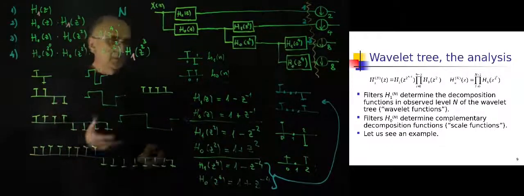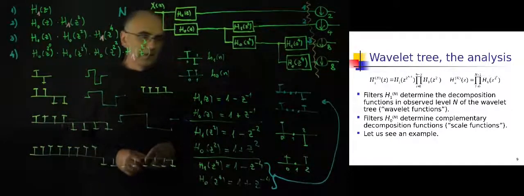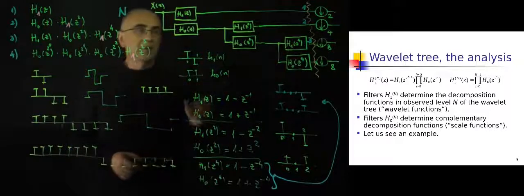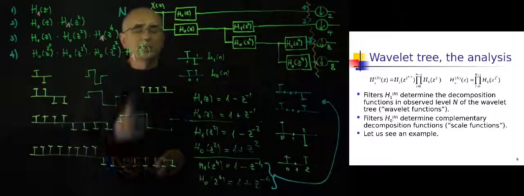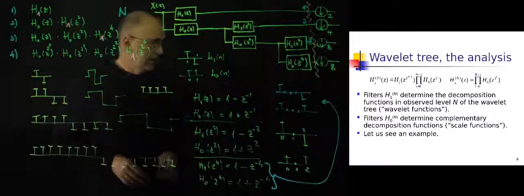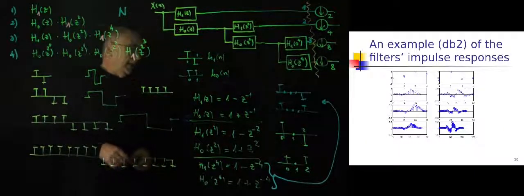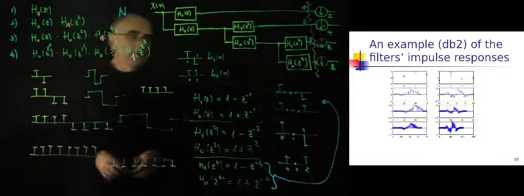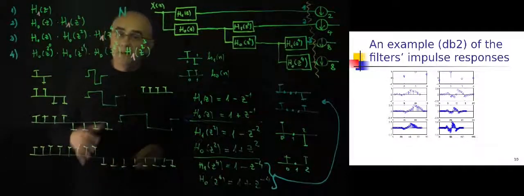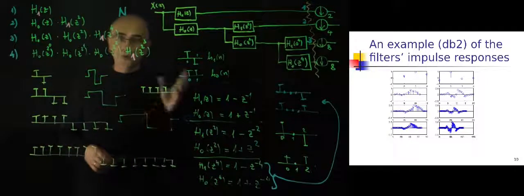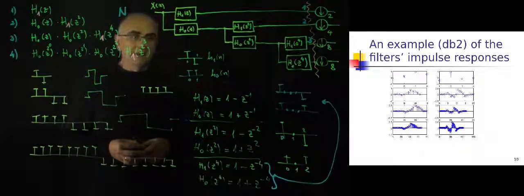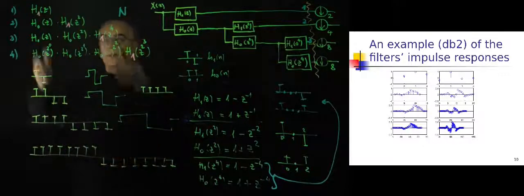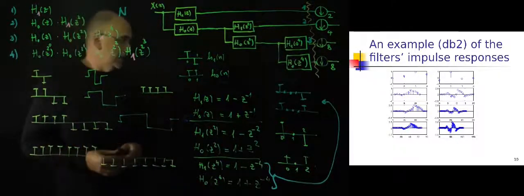Instead of starting from such simple filters, we can start from some other pair of filters that we have already learned how to design. Our first example is DB2, which is the Daubechies 2 filter, and that's what happens when we cascade the filters.